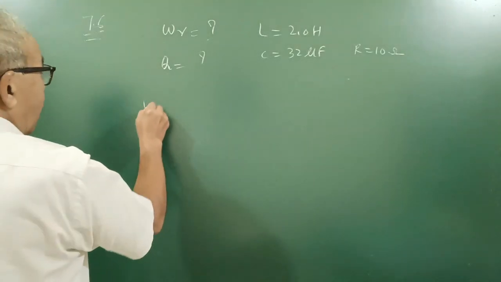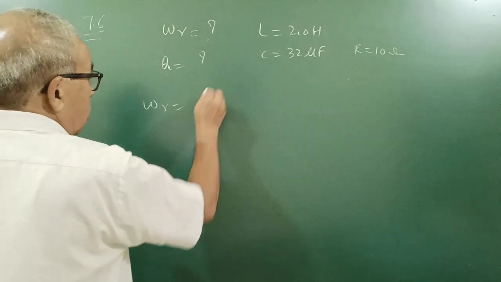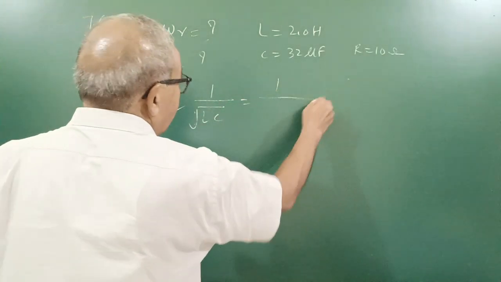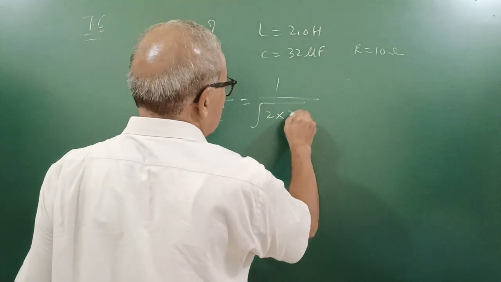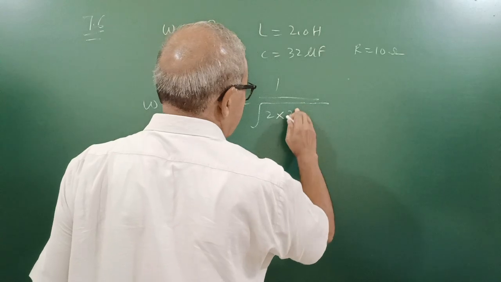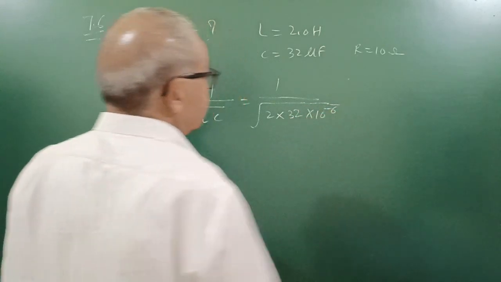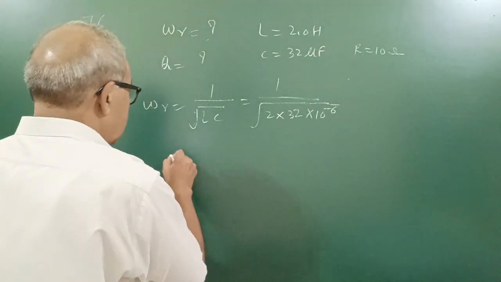So omega r, as you know, is equal to 1 upon root LC. You are given a simple calculation: under root 2 into 32 microfarad. 32 microfarad, put in farad. This mistake is done by students very easily.